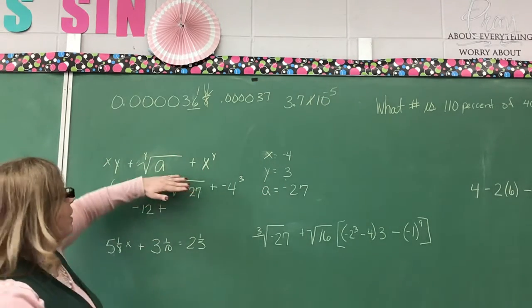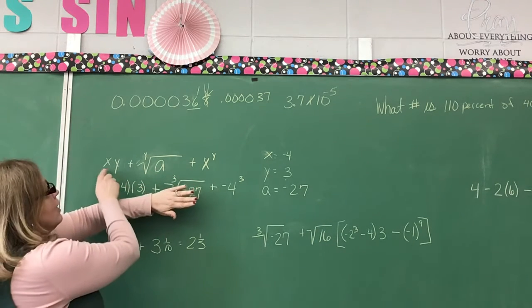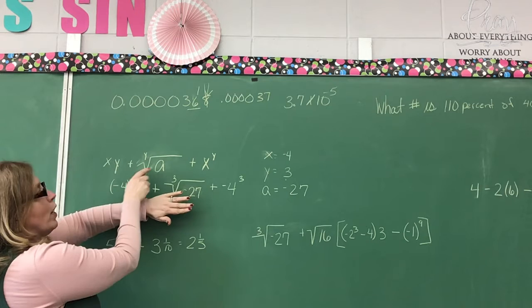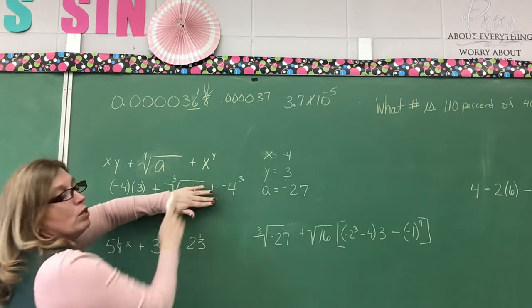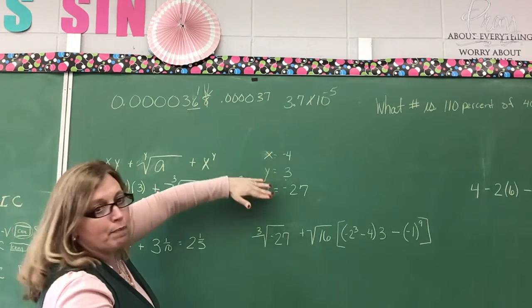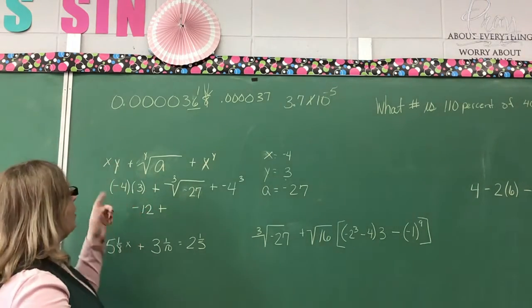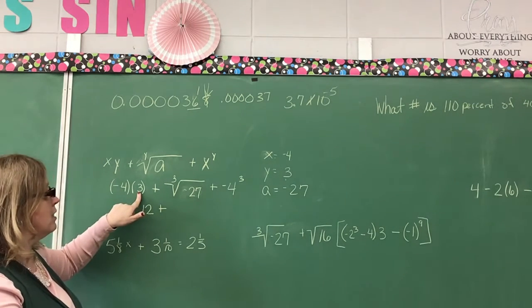Look down here. You're going to have a problem that looks similar to this. I want you to kind of ignore the bottom. xy plus the square root of a to the y root plus x to the y power. What's the first thing you do? You take these numbers and you substitute them, okay? So x becomes negative 4, y a positive 3.